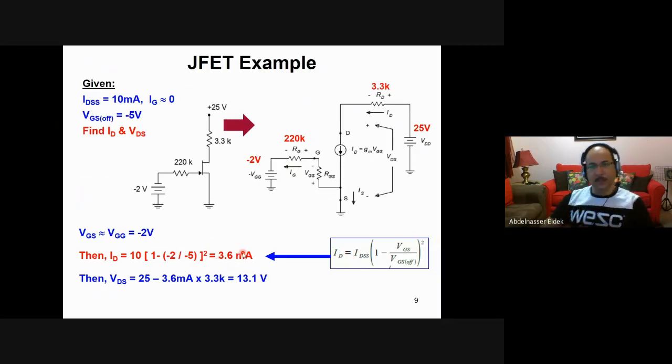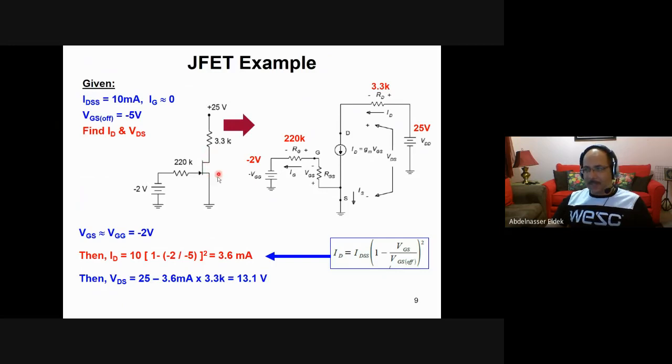Once we get ID, can we find VDS? Where is VDS? VDS is the voltage between these 2 points, this is the drain and this is the source. You can simply find it from here, whatever, it doesn't matter. 25 volt is dropped on this resistor and on this JFET.